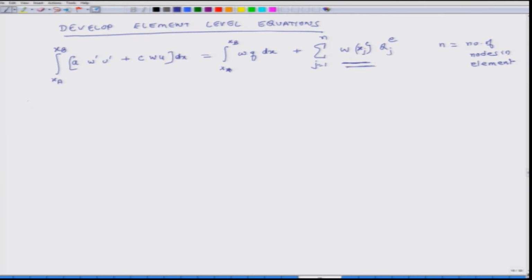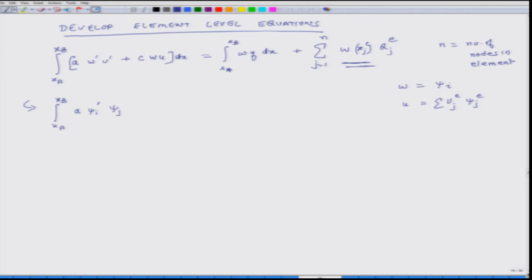We will develop this further, and we have said that w is the weight function, and that equals psi I. So, on the left side I have a times psi I prime, and u equals the summation over the eth element of u j e psi j e.